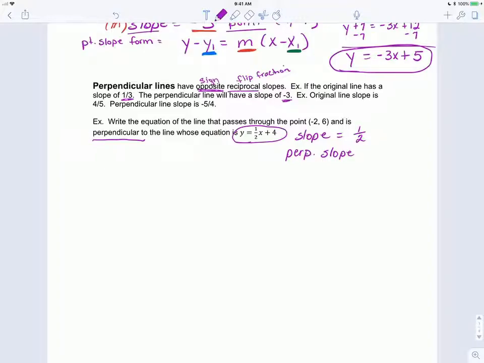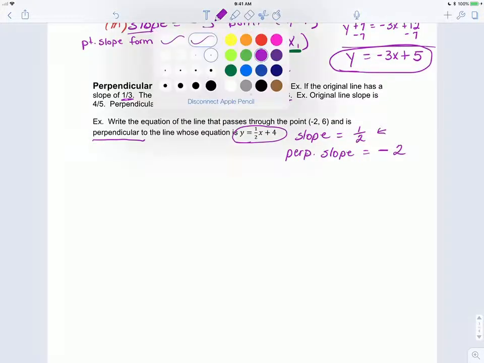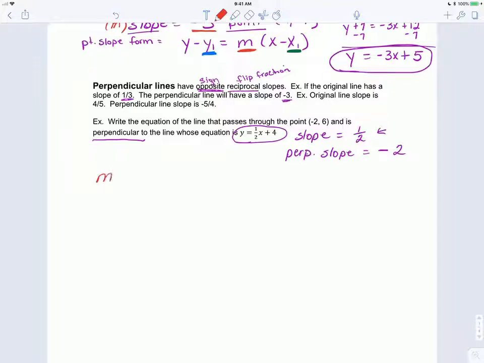If it's perpendicular to this line, and this one is positive 1/2, our perpendicular slope is going to be the opposite, which is negative. And if we flip that fraction, then we have 2/1, which is just 2. So for this one, m, or our slope, is equal to -2 for our perpendicular line.